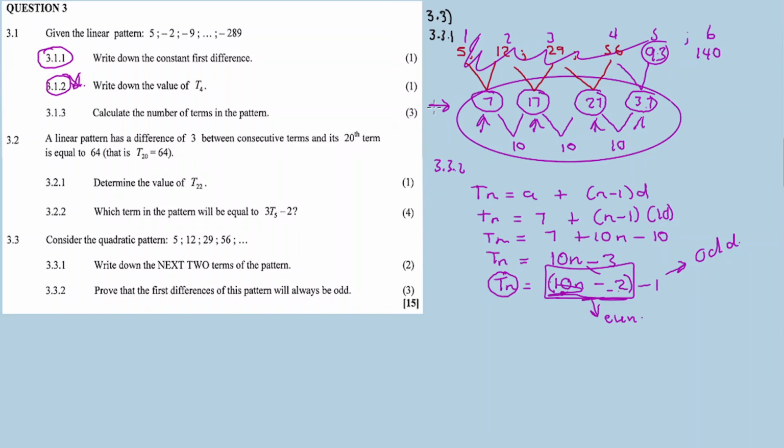So that's why these are odd numbers. But in maths, you have to formulate a proof for every argument. This 7, 17, 27, 37 is an argument. You need to provide a proof for your argument. So this was the proof. We had to prove it.